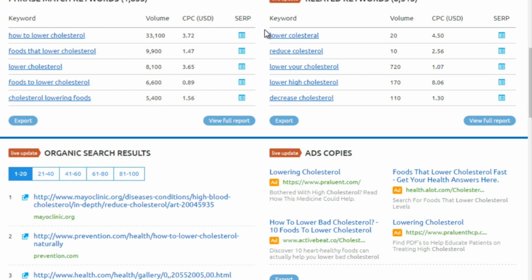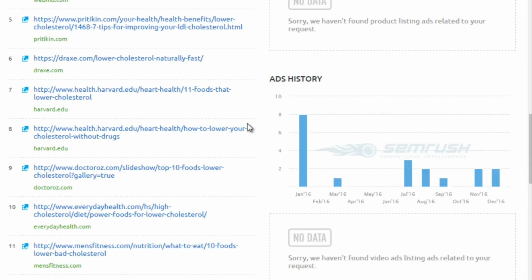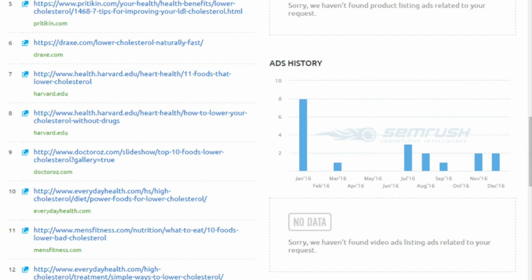If they're willing to spend money on a specific keyword, that means there is demand. As you can see here, foods that lower cholesterol, lowering foods. So there's a lot about foods. You can see that there are other keywords as well. There's ad copies, there's organic search results. You can also use Buzzsumo as well to generate topics.